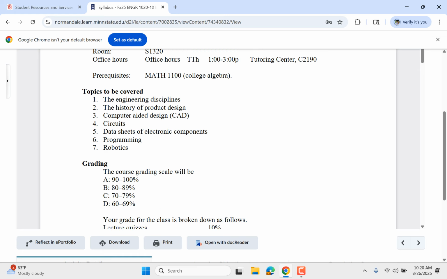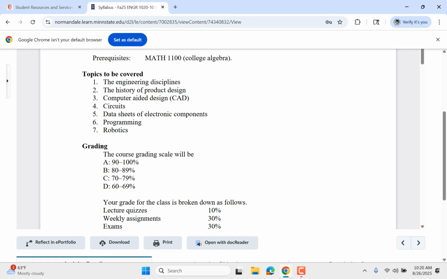And so the topics that we're going to cover, the overall topic is this idea of good engineering product design. But we're going to do that by using a few different sub categories.